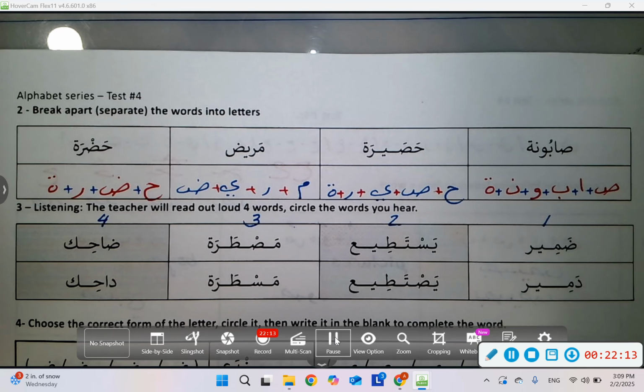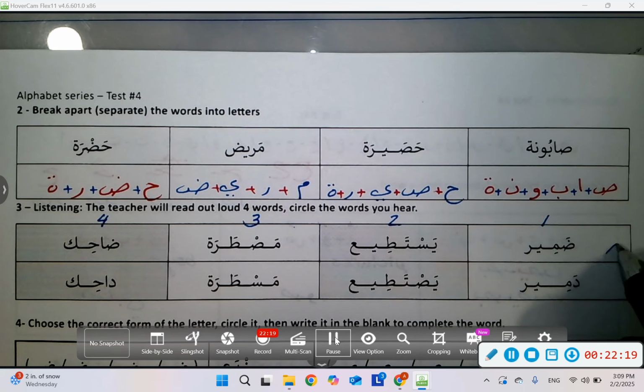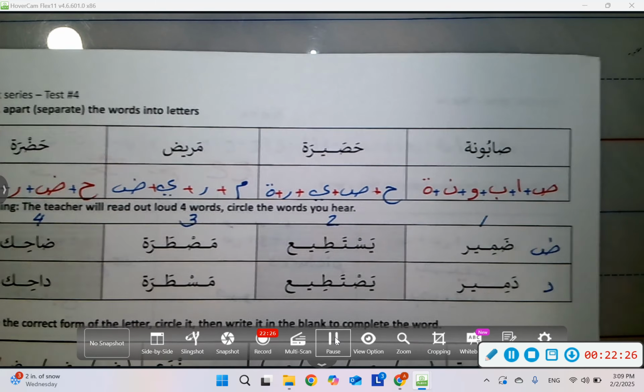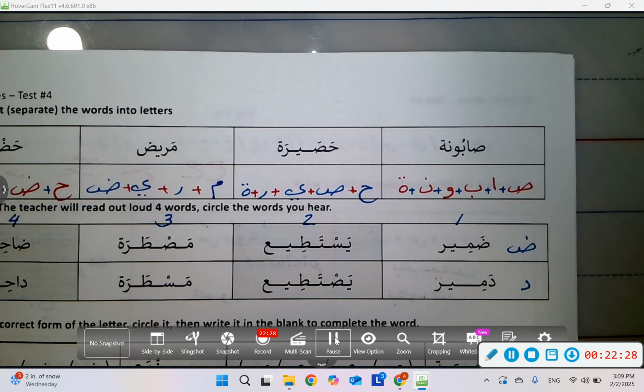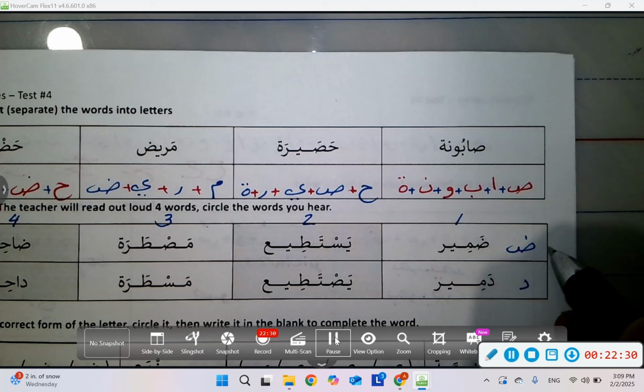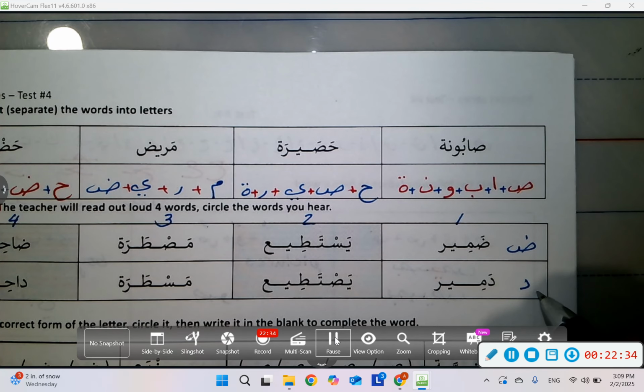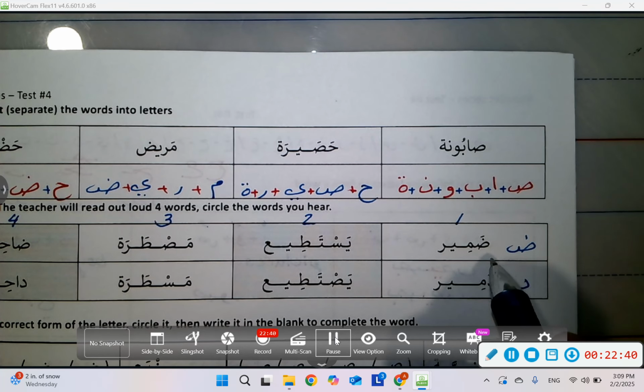Now, these 2 words will see if you can distinguish between the sad and dad. So listen carefully. Sad and dad. So sad is a very heavy sad, and they're not the same letter. So we say damir, dad, damir.